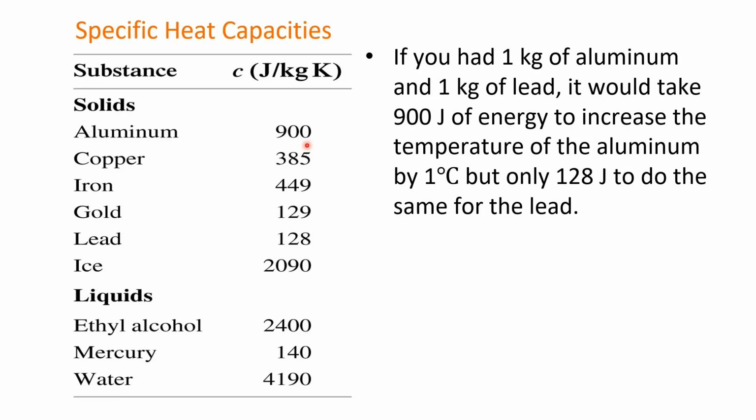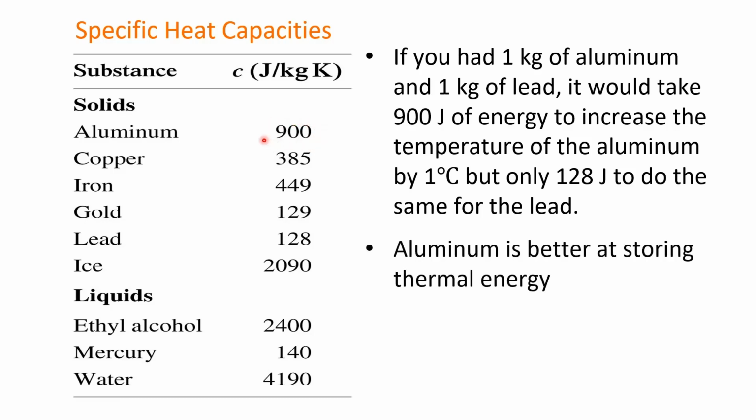You have to lose more energy before your temperature drops. So one way we could interpret this is because aluminum is much higher, we could say that aluminum is better at storing thermal energy. So when you add energy to it, it does a lot more with that. There's little reaction from aluminum for a given amount of energy that's added or taken away from it.